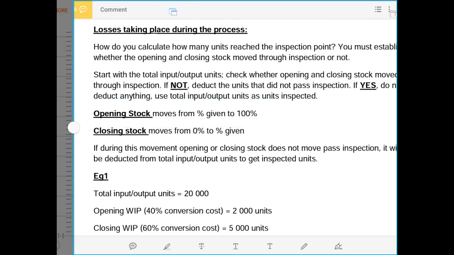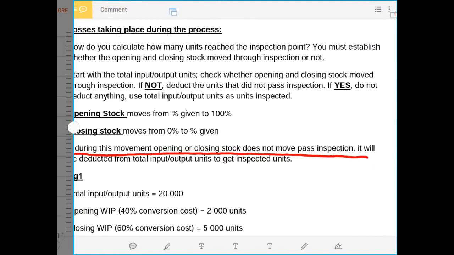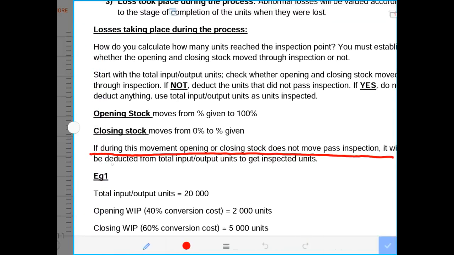Then it says that if during this movement opening stock or closing stock does not move past the point of inspection, it will be deducted from the total input output units to get to the inspected units.